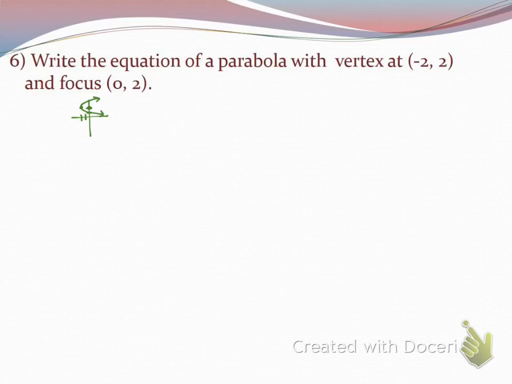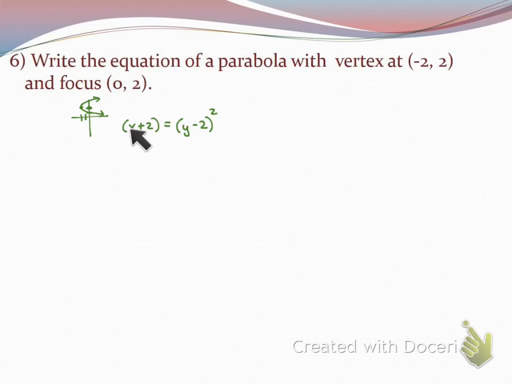Which means it's y squared. Everybody agree? And my vertex is x plus 2 equals y minus 2 squared. Is that right? Negative 2 comma 2. Yep, negative 2 comma 2.